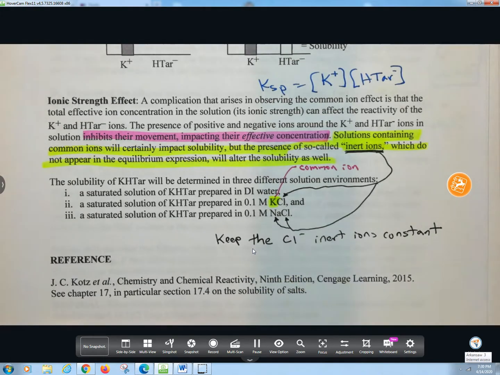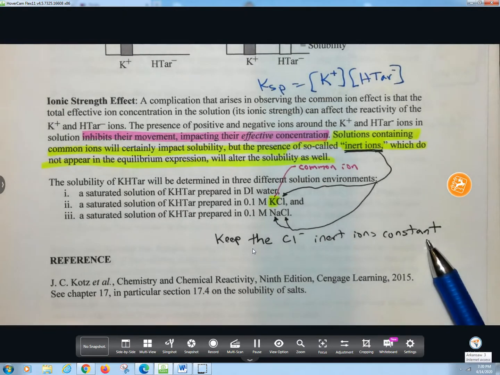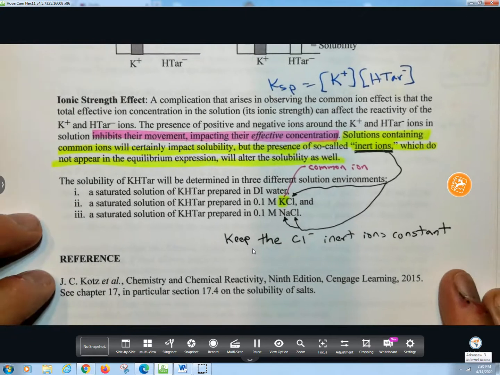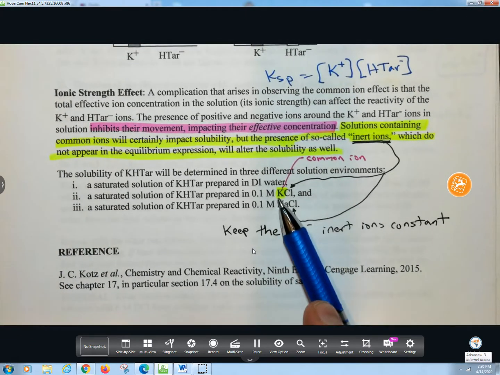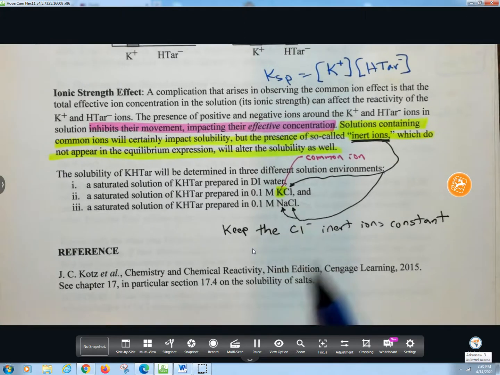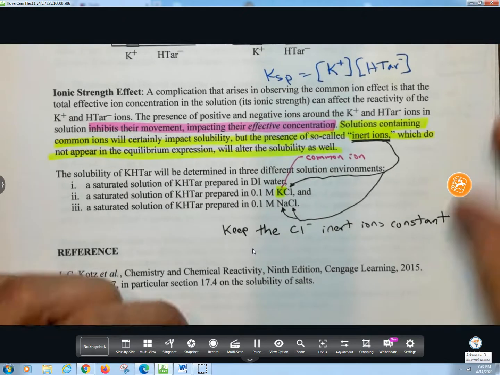This sodium chloride does not have a potassium, does not have a common ion. So we keep the chloride inert ions constant, and just make sure that we are keying in on the common ion effect of potassium. You could say we're keeping the chloride ion constant, would be another way to look at that.